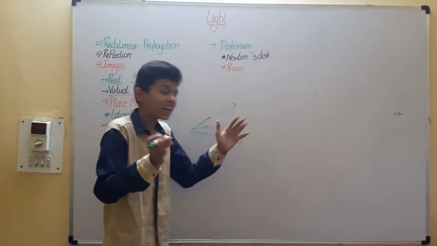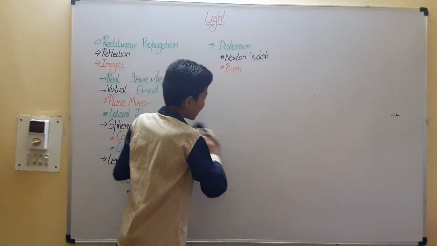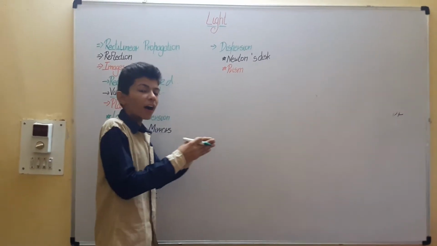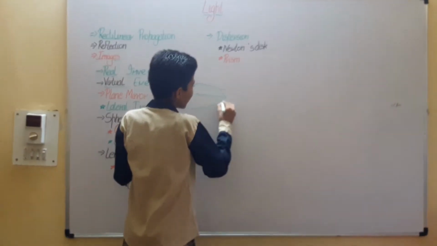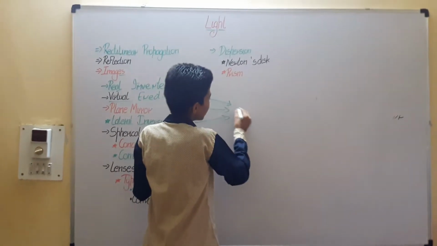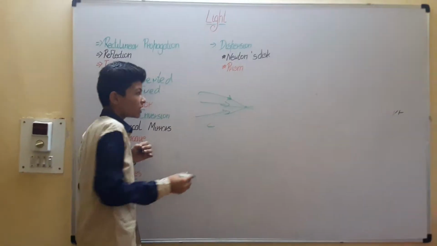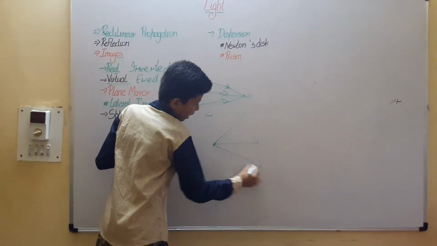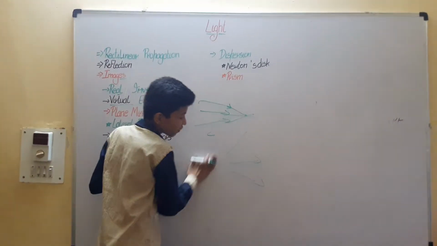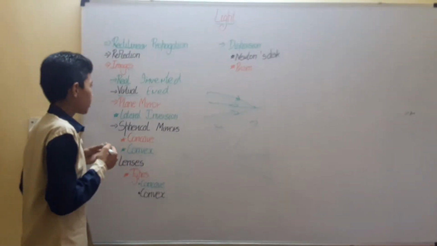Diverging means to extend, and converging means to get at the same point, all the rays meeting at one point, just like at this point they will meet. So these are called converging rays, and rays which are diverging from a point are called diverging rays.